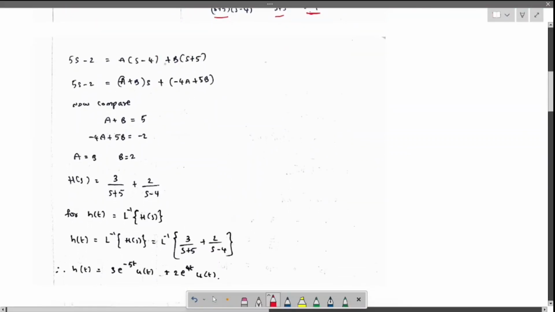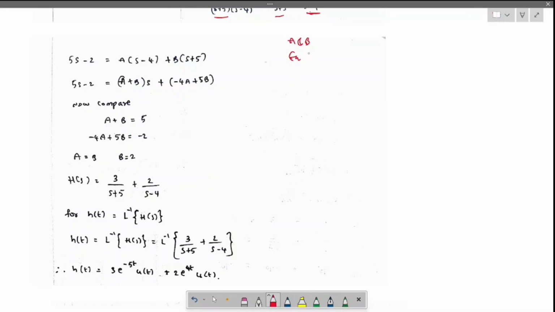In order to find a and b, equate the denominator. When you equate, you will get this. Now take a and b common and separate the constants. Now compare: a + b equals 5. When you do so, you will get a and b.